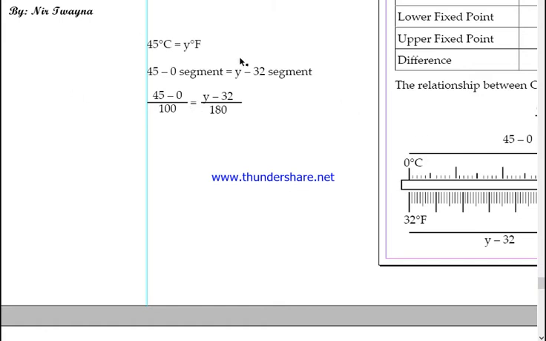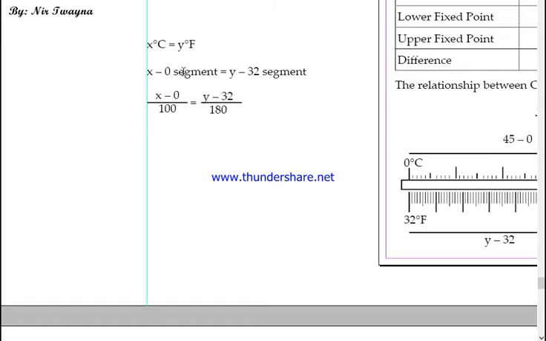If you substitute this degree Celsius simply by x, then what you get? x minus 0 segments in Celsius is equal to y minus 32 segments in Fahrenheit. Then x minus 0 by 100 would be equal to y minus 32 by 180.